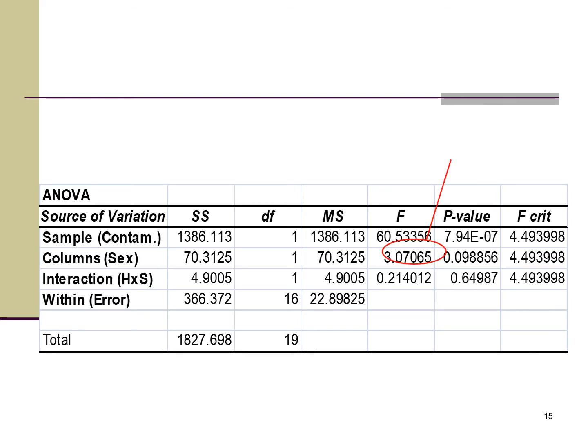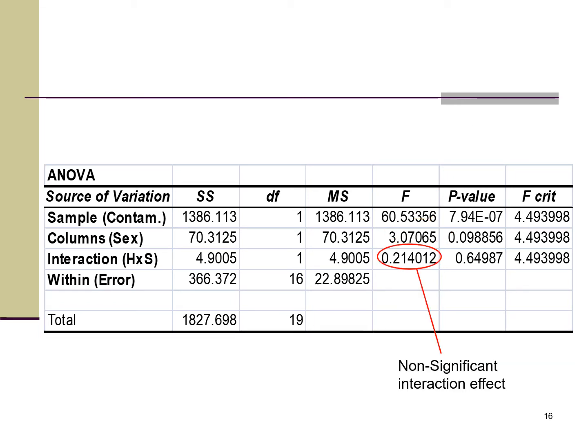Now, what about this value, the F value for sex? Well, it's about 3, and it does not pass the criteria for the F critical value. So there's a non-significant gender effect and a non-significant interaction effect.